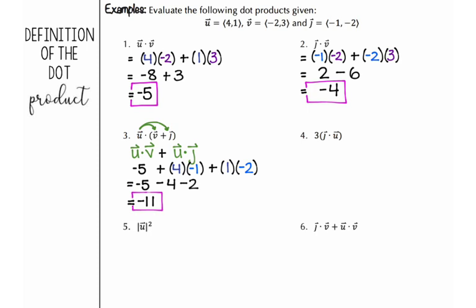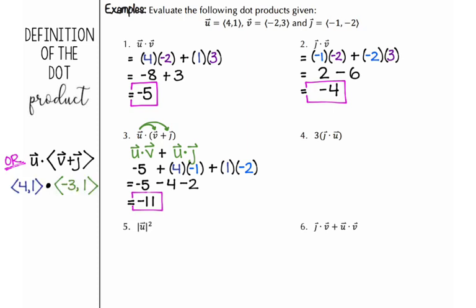But what if I didn't want to distribute this u? The other method I could have done, we're going to do it over here in the margin, because I want you to have both ways, because which way you do it is whatever way is easiest for you. And this time what I'm going to do is add the vectors v plus j, because that's what that says. And when I add two vectors together, I'm going to get another vector, which is why I changed this to these pointy brackets.